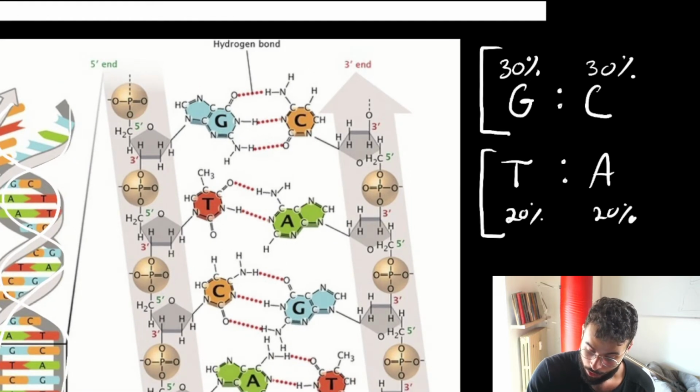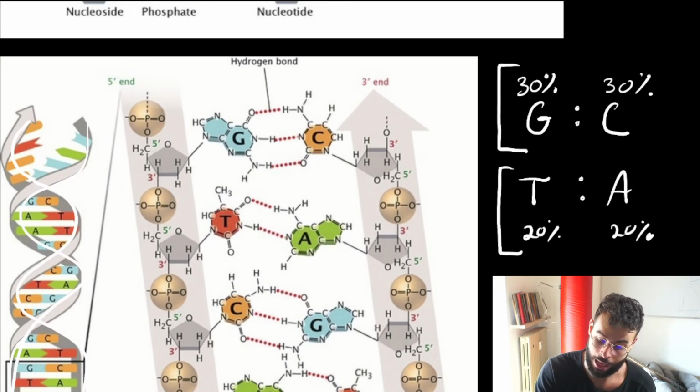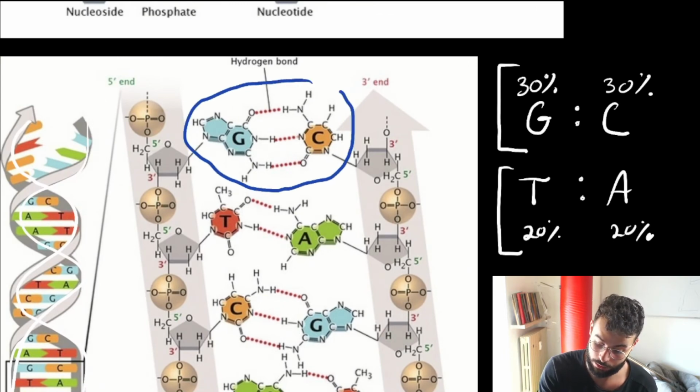So we understood, after a few years of research, that guanine and cytosine come in the same ratio because they can form hydrogen bonds together. Cytosine and guanine can form 3 hydrogen bonds together.